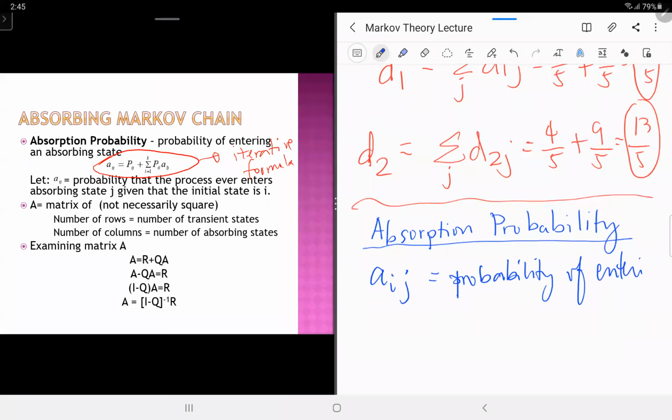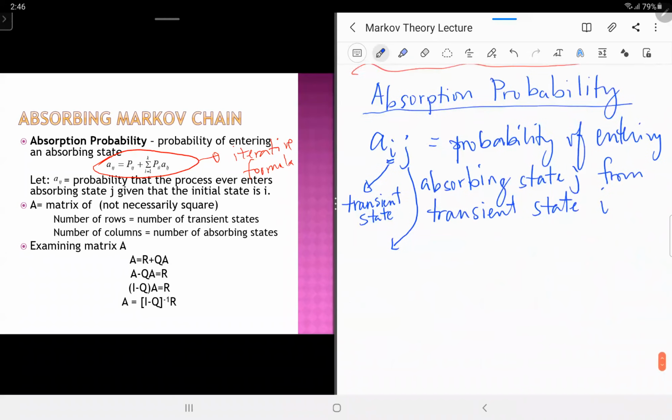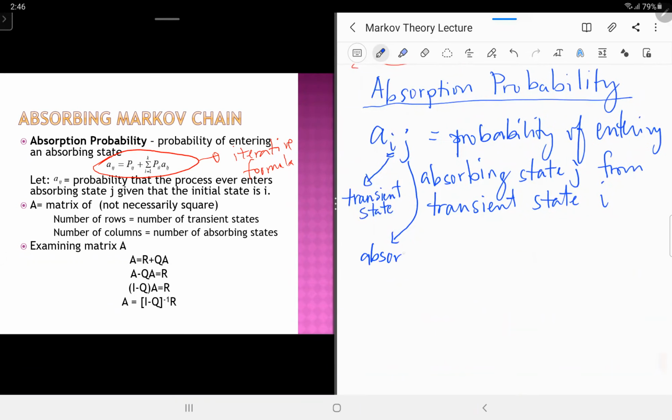of entering absorbing state J from transient state I. Okay, so we need to be very clear that your subscript I is your transient state and your subscript J is your absorbing state.